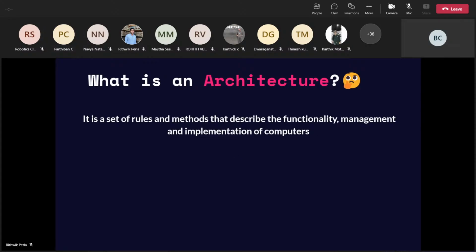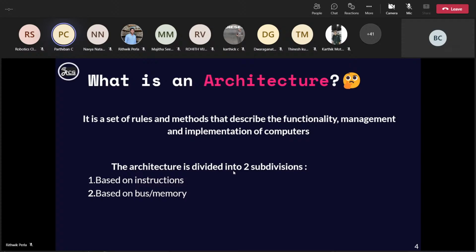Computer architecture is nothing but the set of rules and the methods that are used to develop the hardware and arrange the hardware and software systematically, so that we can see how the computer system is implemented. The architecture is divided into two subdivisions: one based on the bus and the memory, and the other based on the instructions.